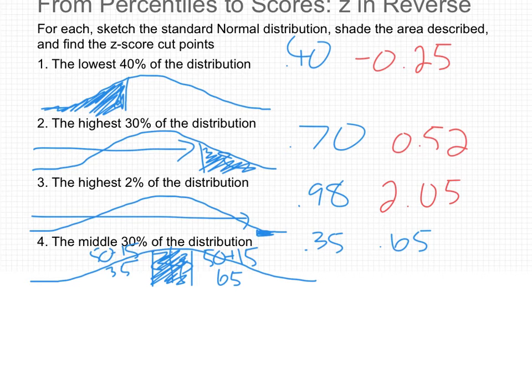And then our last one, between, we are at negative 0.385. Depending on which one you put, you kind of land right there in between.